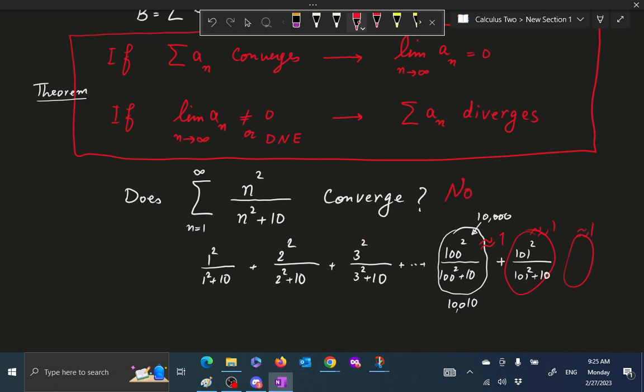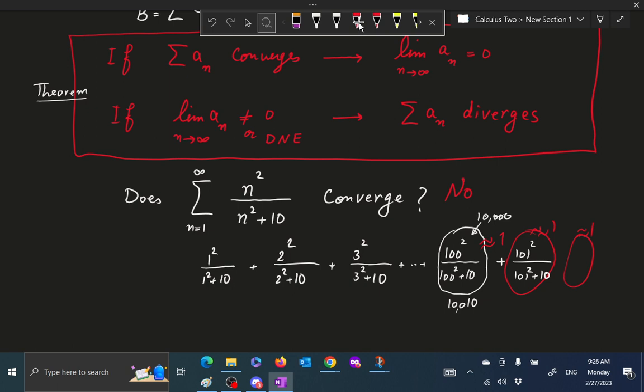To make it simple, I say if the terms of the sequence are not approaching 0, then for sure the series diverges. Okay, if it doesn't approach 0, the series diverges. Now in this case, the terms are coming close to 1, and I know that my series diverges to infinity, because I keep adding something close to 1 every time.